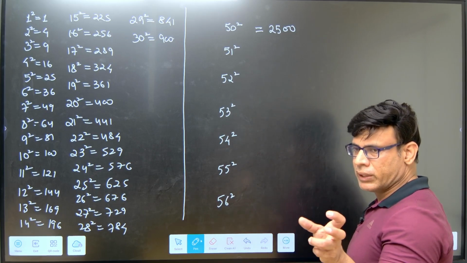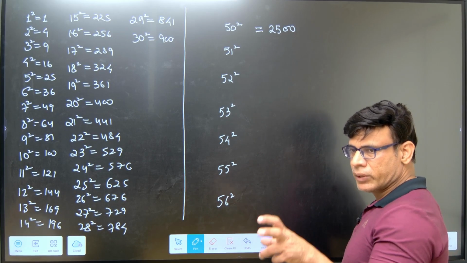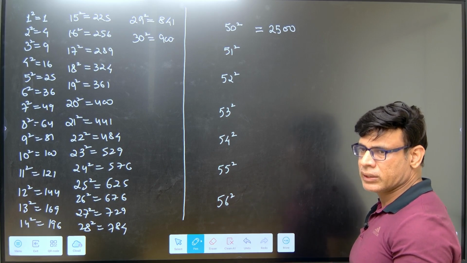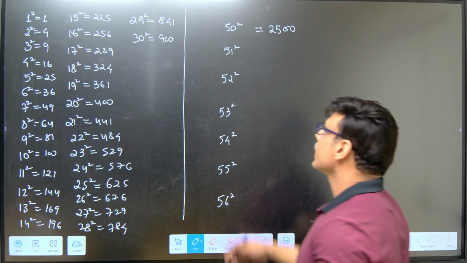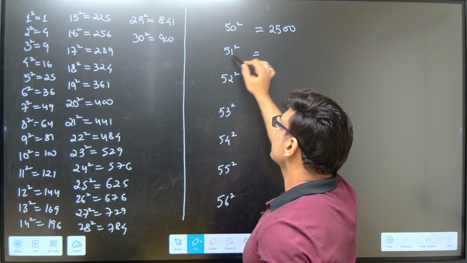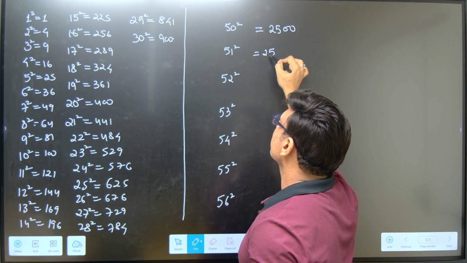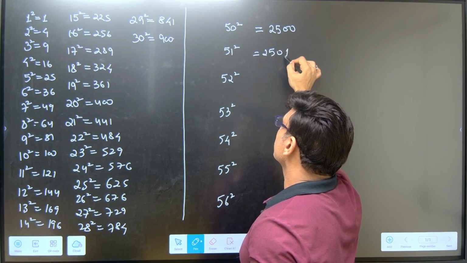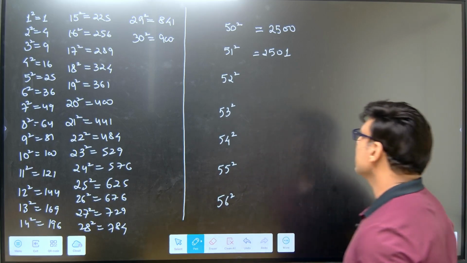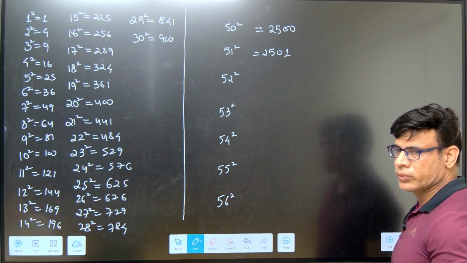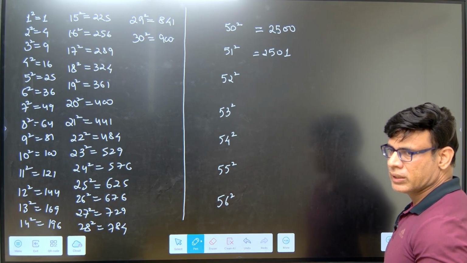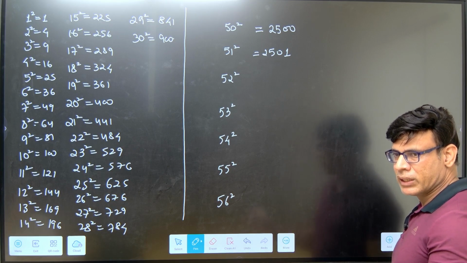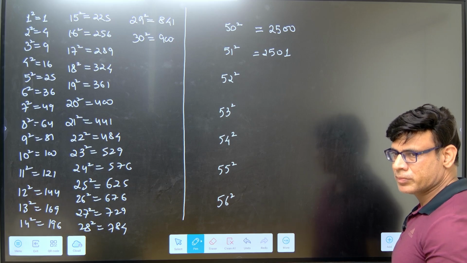You break 50 as 5 and 0. In mathematics we never write a single digit number as 1, we write it as 01, 02, 03.